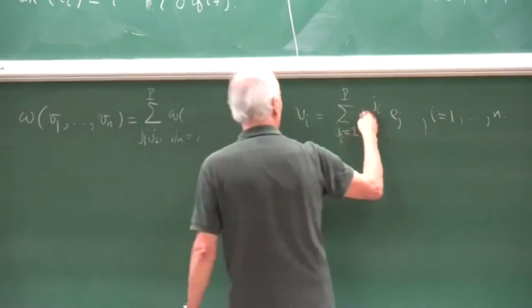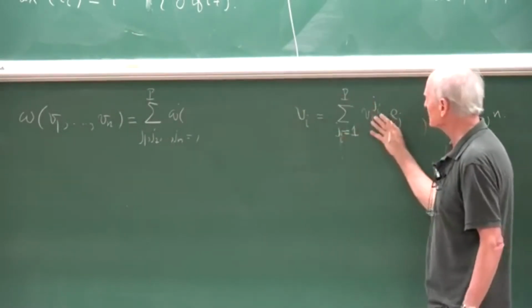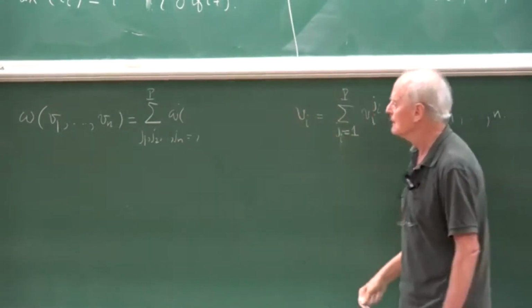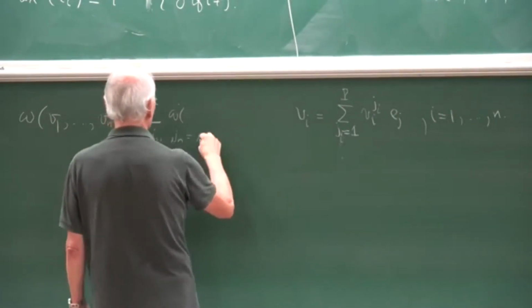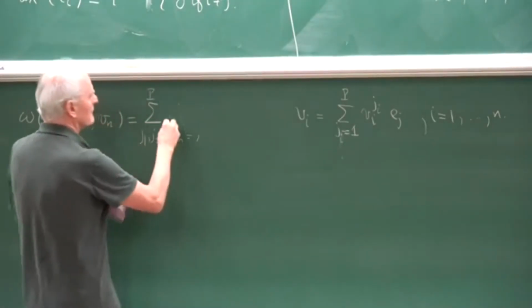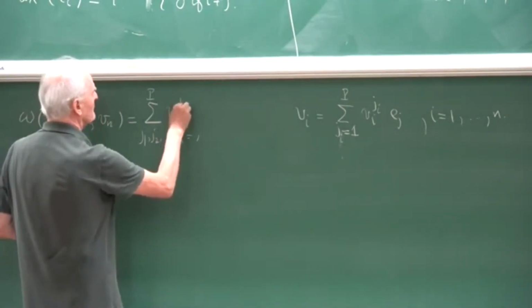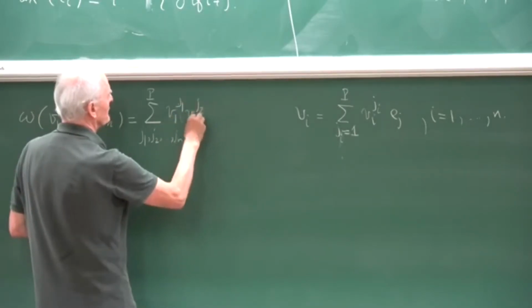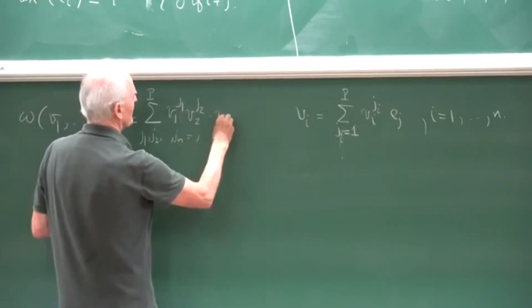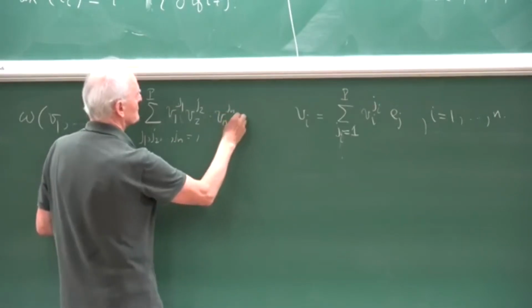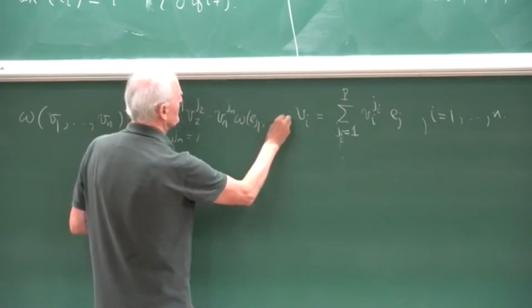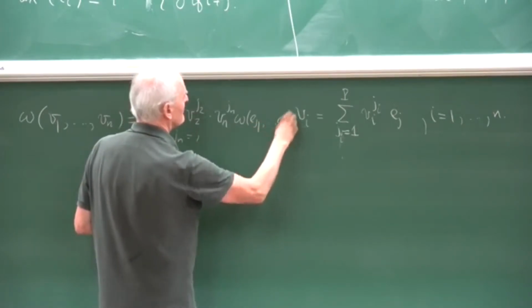And remember, omega is linear in each Vi, so I can pull the sums outside. We get these multiple sums coming outside, with V1j1, V2j2, up to Vnjn, and what's left inside is omega of Ej1 up to Ejn.